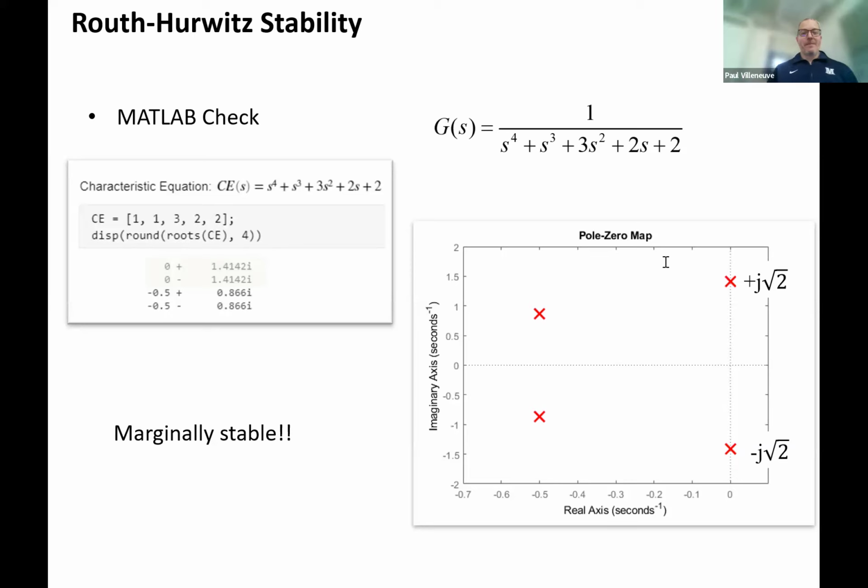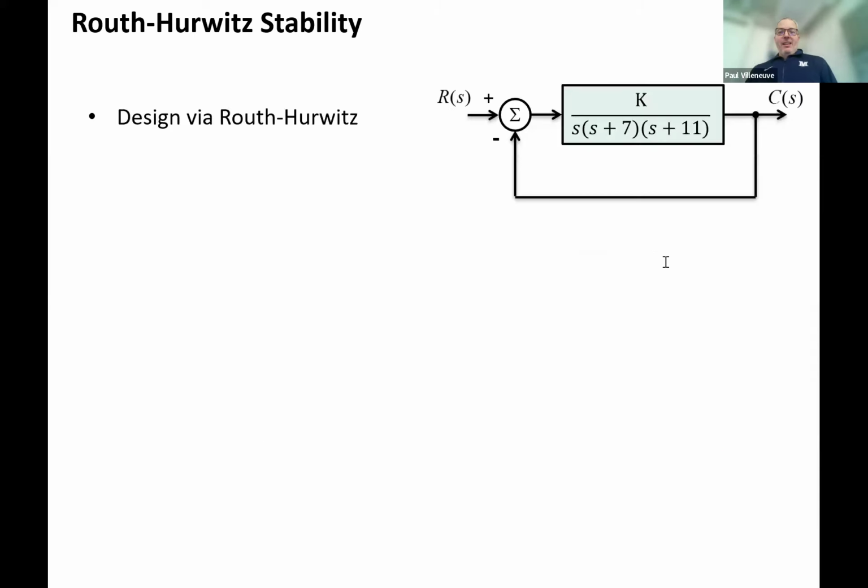Okay, so how do you design? Remember, the whole purpose of Routh-Hurwitz is to design, because if we just wanted to determine if it's stable or not, we could just plug this in MATLAB and we would never discuss Routh-Hurwitz. Well, now we have a variable K in there, and K is something that you all get to pick to meet certain design criteria.